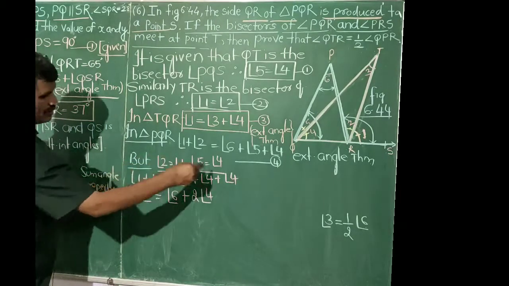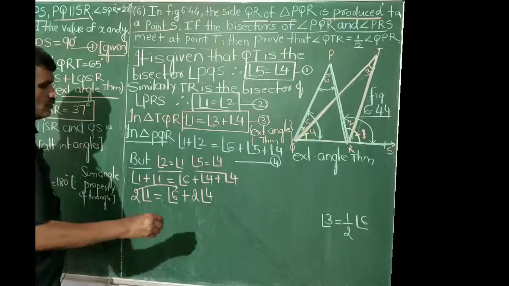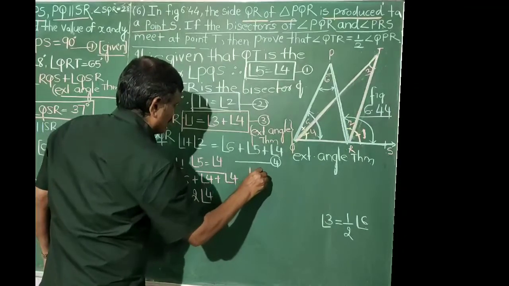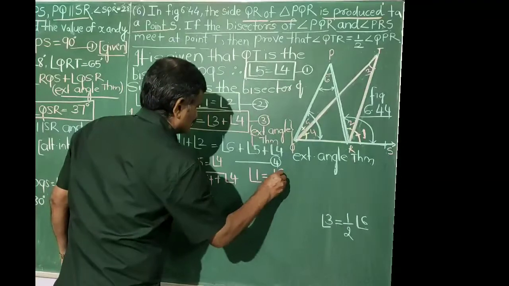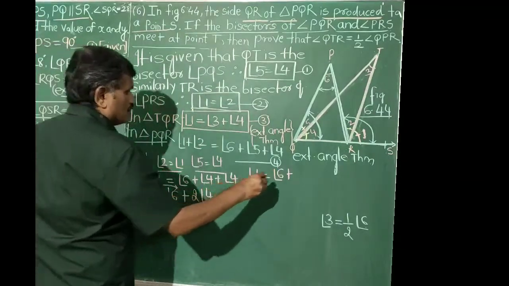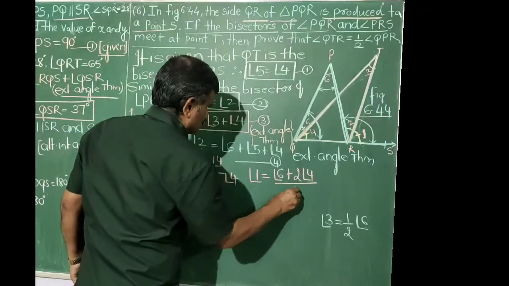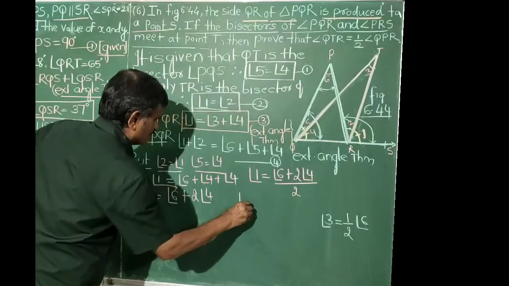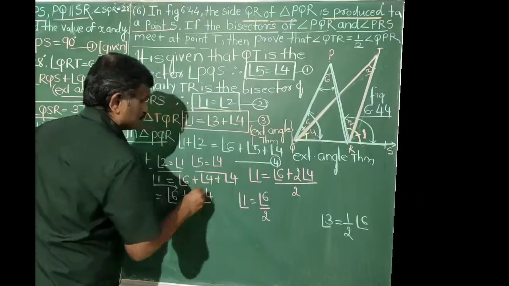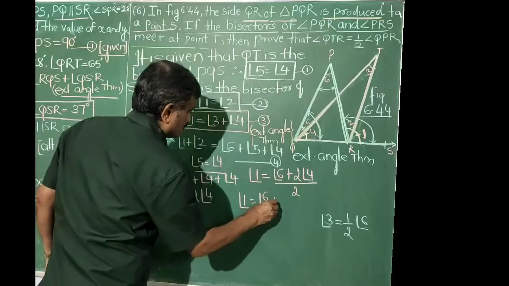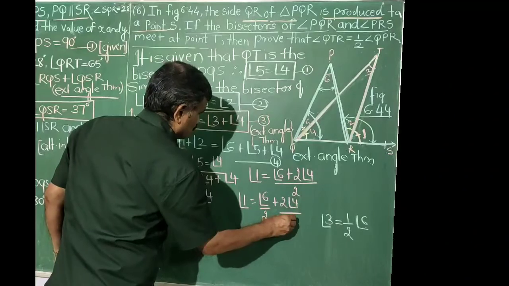Now if I transpose it to the right side, then what I'll get is angle 1 is equal to angle 6 plus 2 times angle 4, divided by 2, or angle 1 is equal to angle 6 by 2 plus 2 times angle 4 by 2.